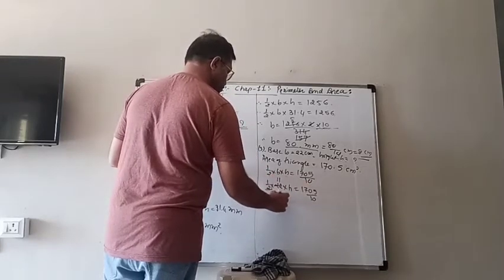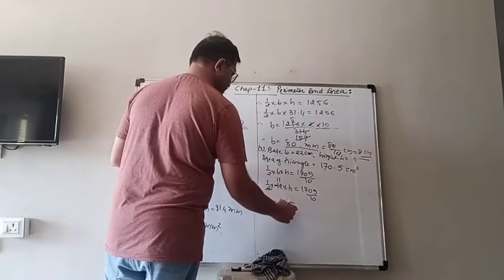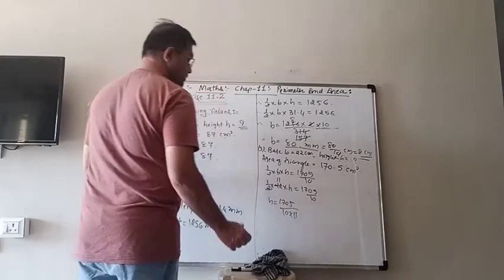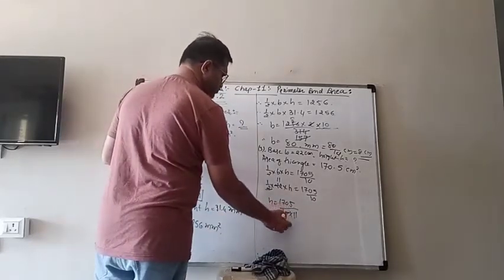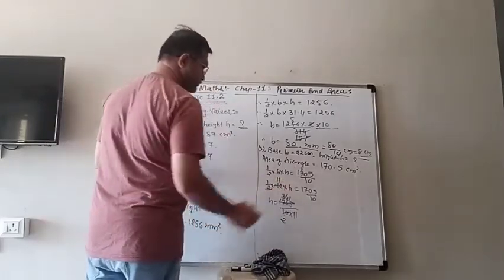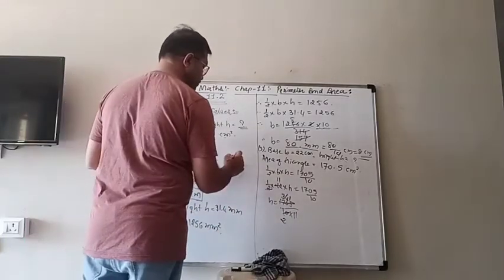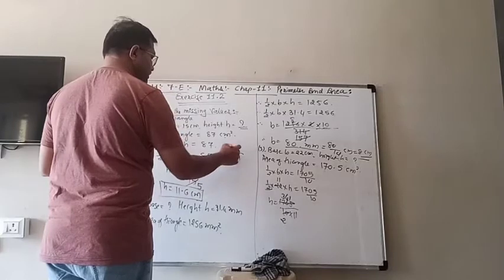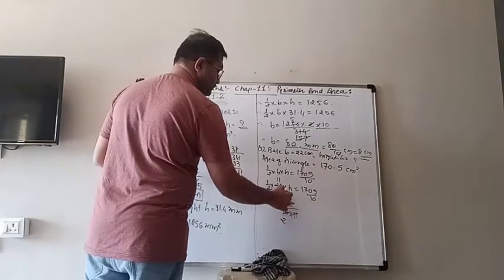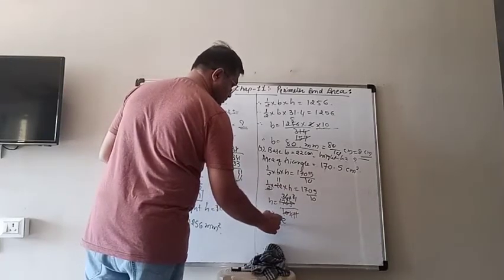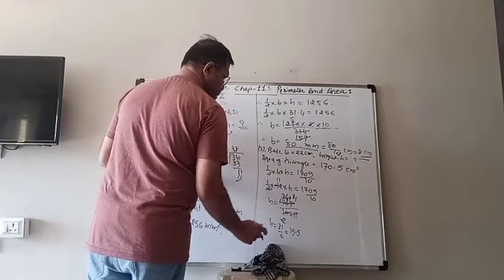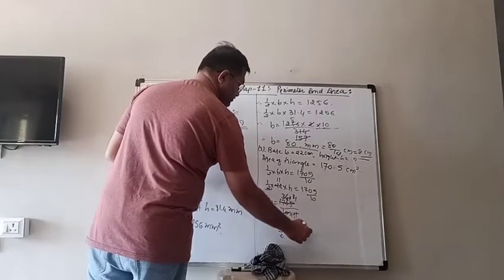So H is equal to 1705 upon 10 multiplied by 11. Now 5 2s are 10, 5 3s are 15, 5 4s are 20, 5 1s are 5. Now 341 divided by 11. 11 3s are 33 and 11 1s are 11. So 31. So H is equal to 31 divided by 2, that is 15.5 centimeter.